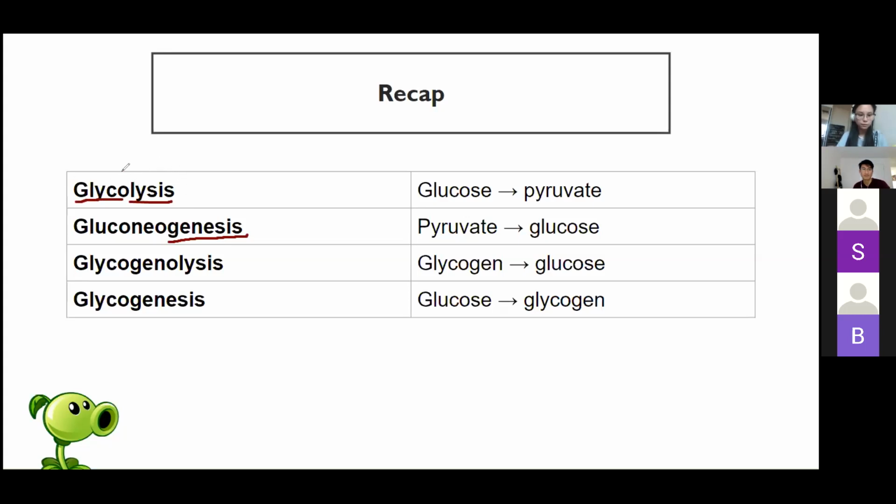So if we have lysis of glyco, it's glucose, it means you're breaking down glucose to something else, pyruvate. Whereas genesis means creating. So gluconeogenesis means creating new glucose from pyruvate. Same with glycogenesis, you're creating glycogen. That's just a bit of a refresher and a good way to help you remember.